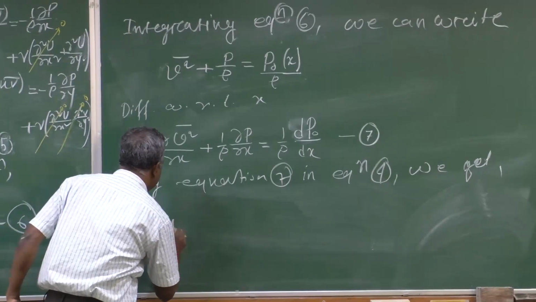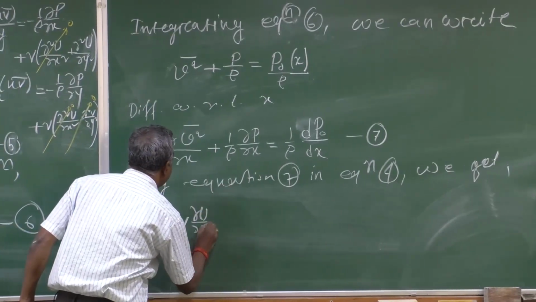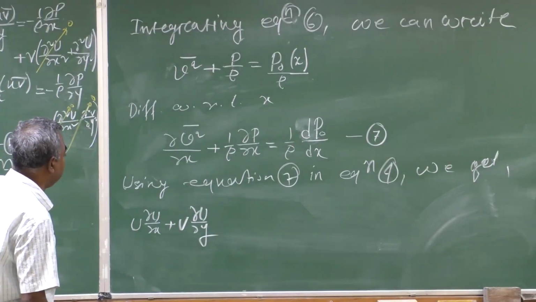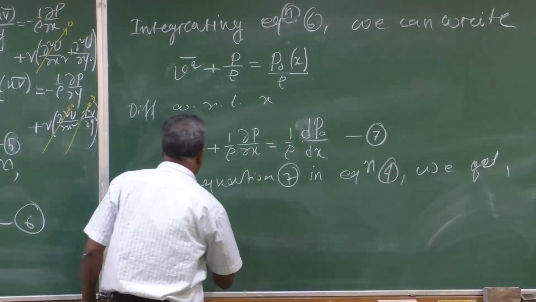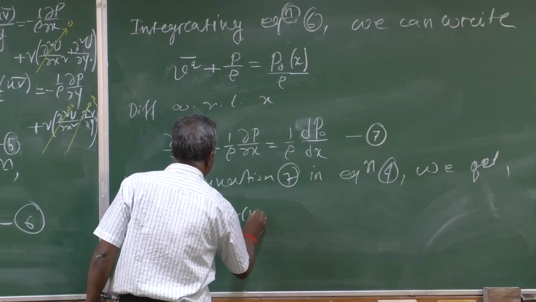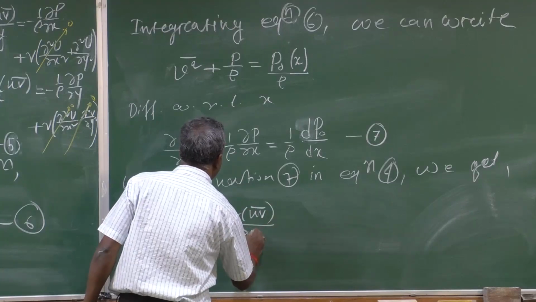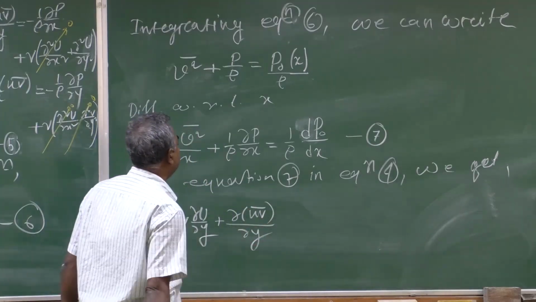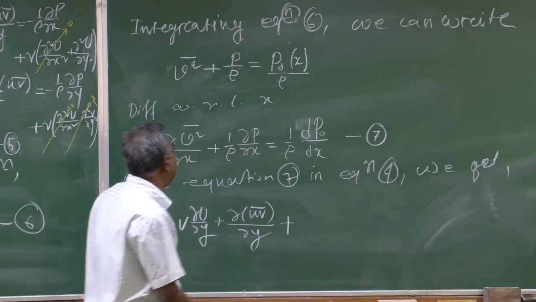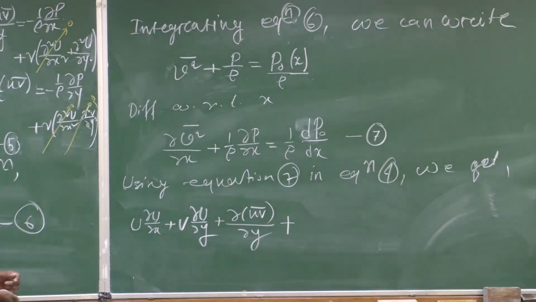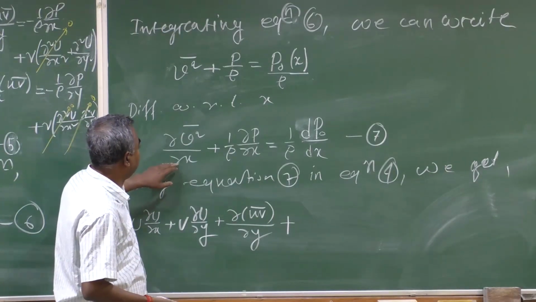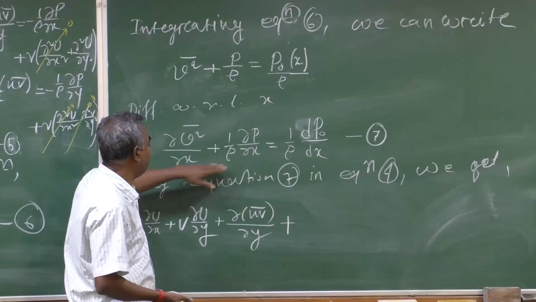We can write v del u del y plus del u v bar del y, plus let us put the value of this quantity.